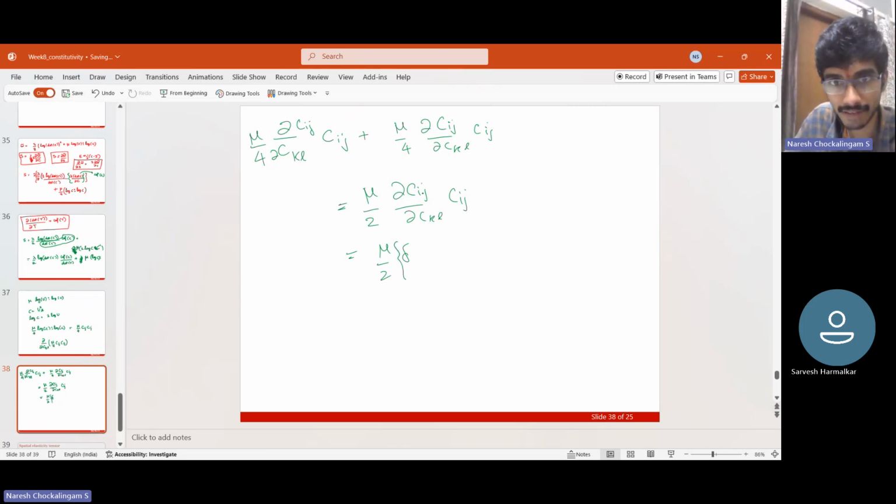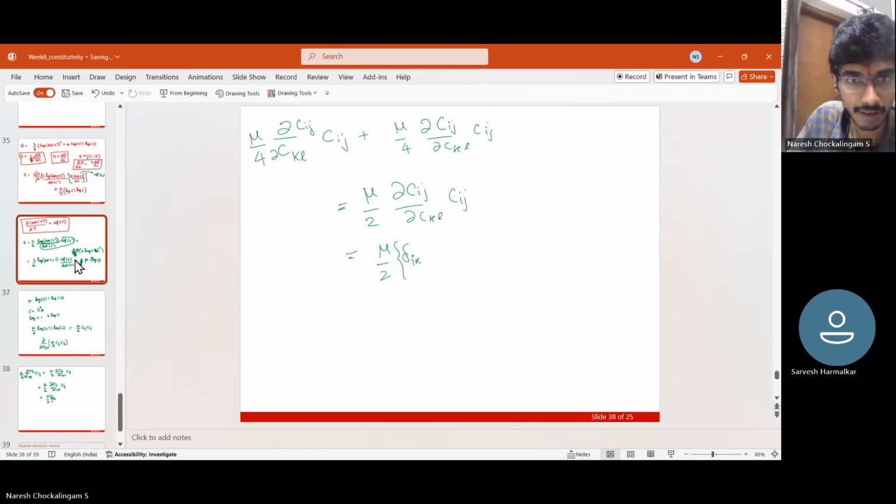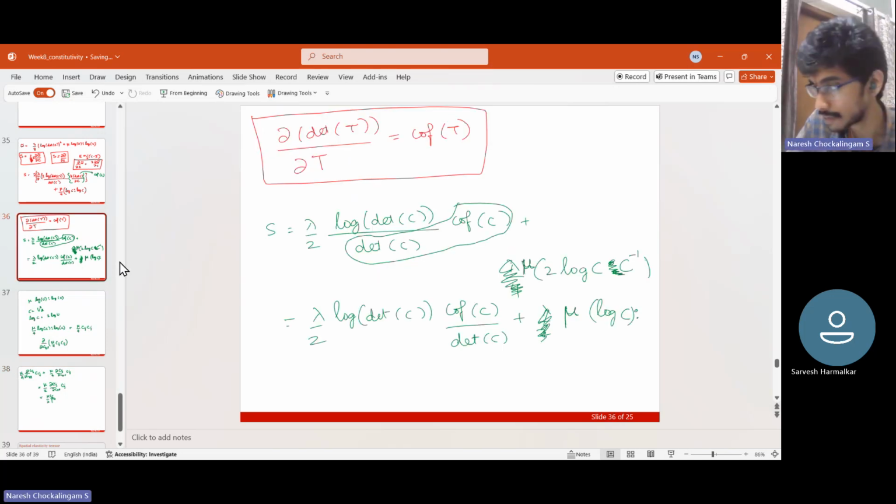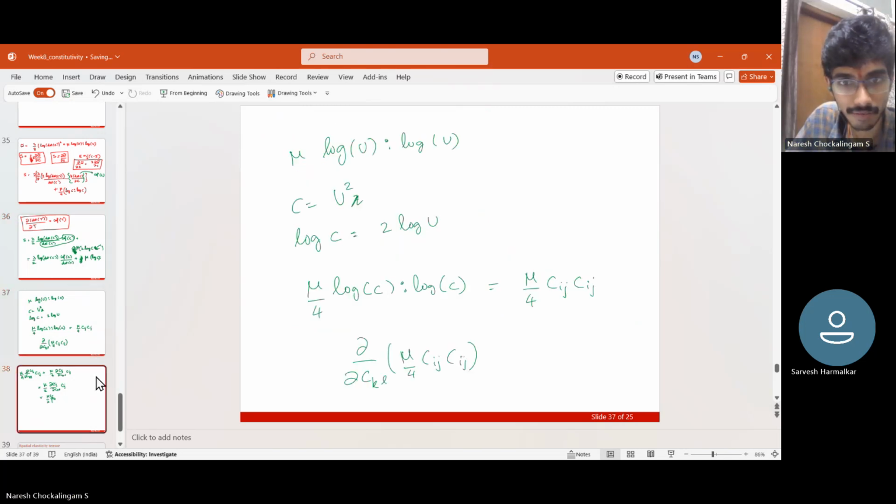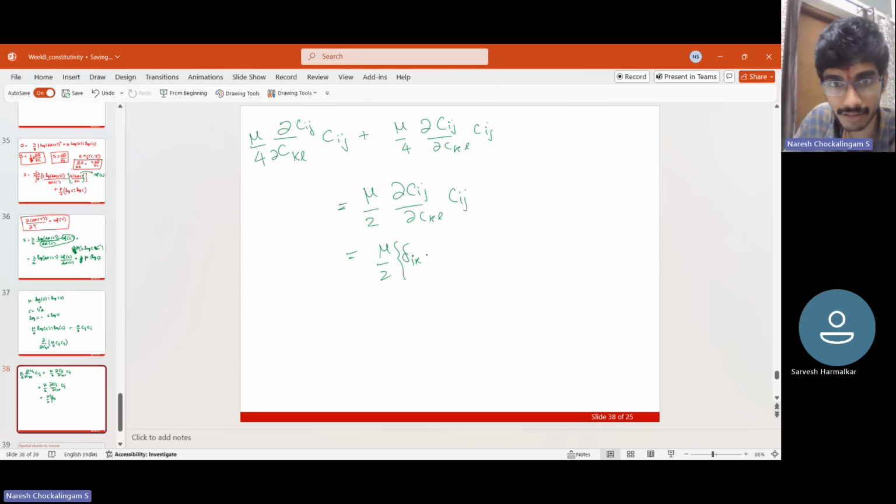So if I is equal to K and J equal to L, we get one term, which is delta Ik delta JL, plus delta.